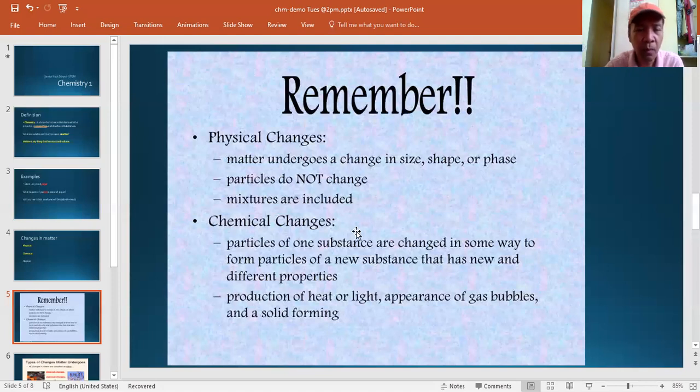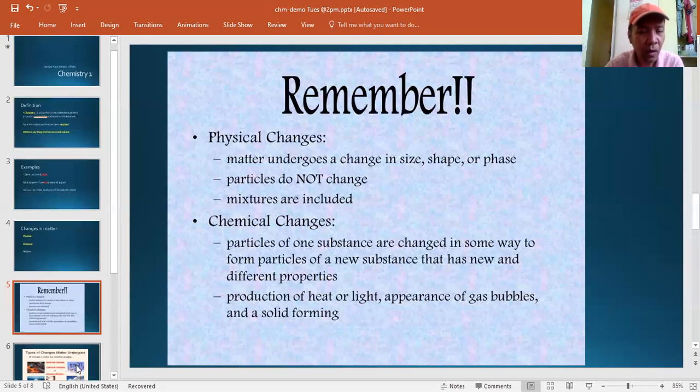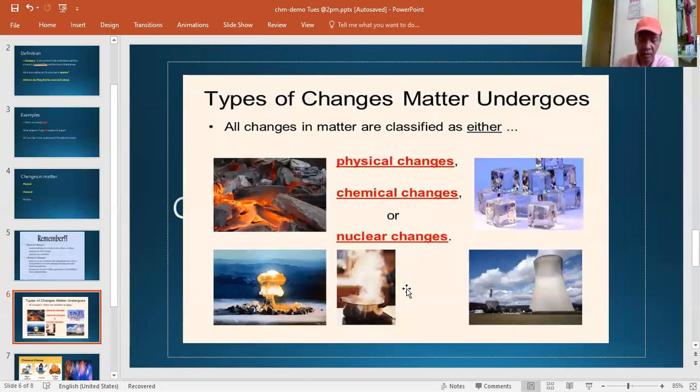Yes. Now, another example. We have here the three types of changes matter undergoes. All changes in matter are classified as either physical changes, for example, the freezing of water, the formation of ice. If you burn wood, it's a chemical change. There is the atomic bomb, okay?